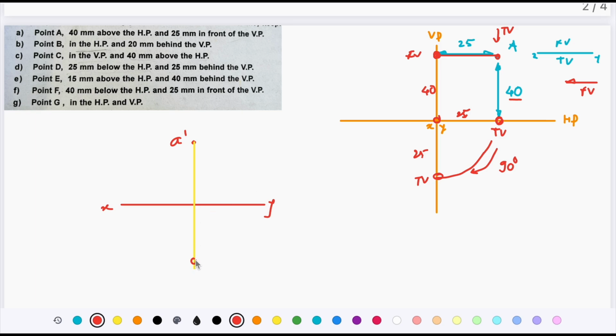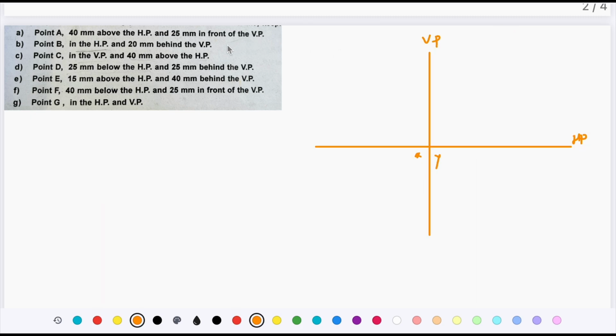So at a distance of 25, you will get the top view. So this is front view, this is top view. This distance is going to be 40 and this distance is going to be 25. So this would be the solution for the point A.